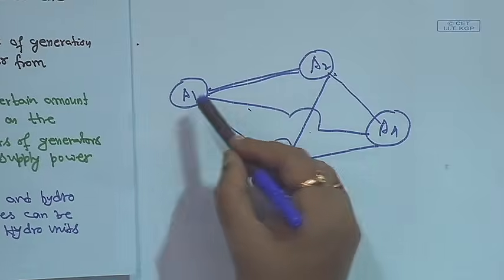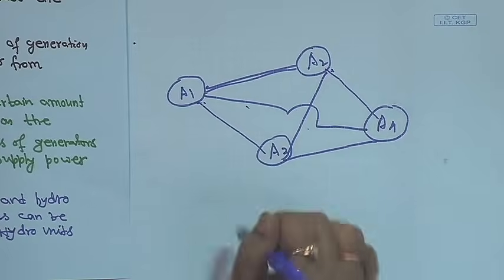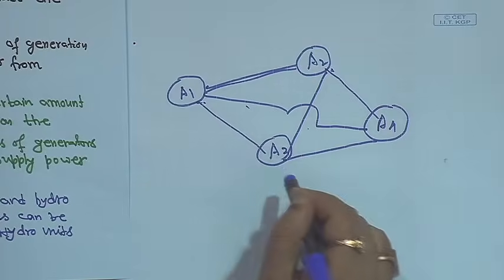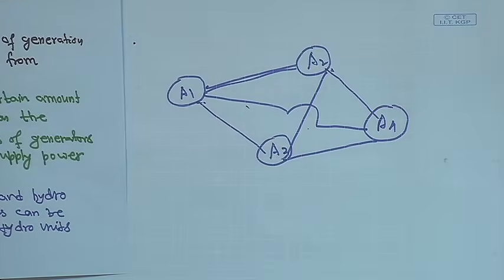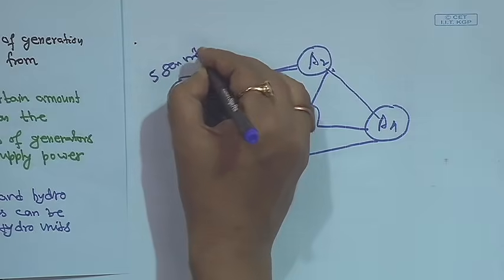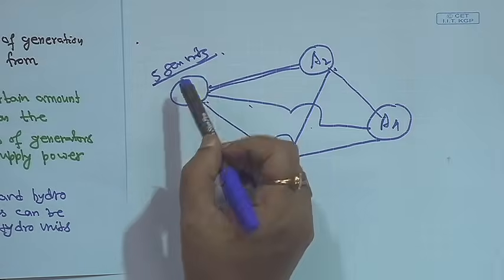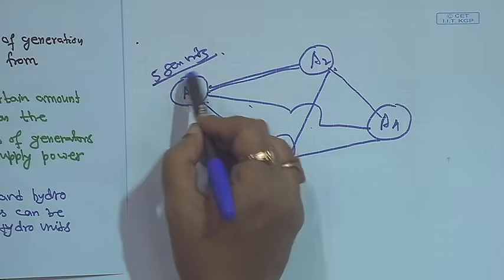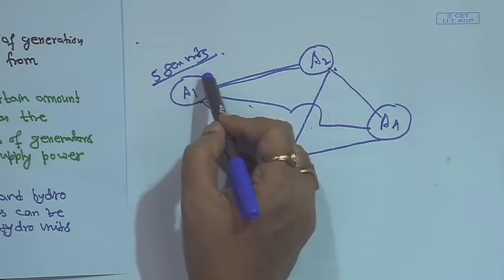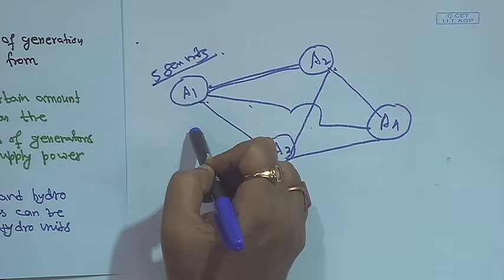That means suppose load has increased, I told you that it can borrow power from these 3 power systems. Or suppose, for example, here you have 5 generating units, and one of the generating units suddenly stops, I mean loss of generation. So 4 units are there. Generation will be much less, load will be more.